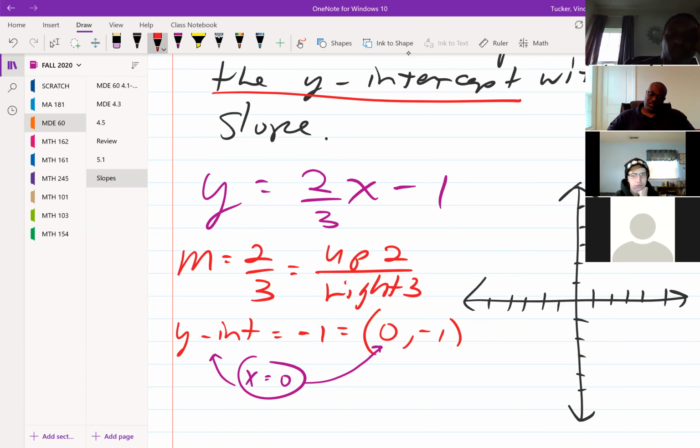So we're going to graph the y-intercept first. So that's 0, -1. Now, from the y-intercept, I'm going to go up 2, right 3. Oh, went too far. And that would be my other point.